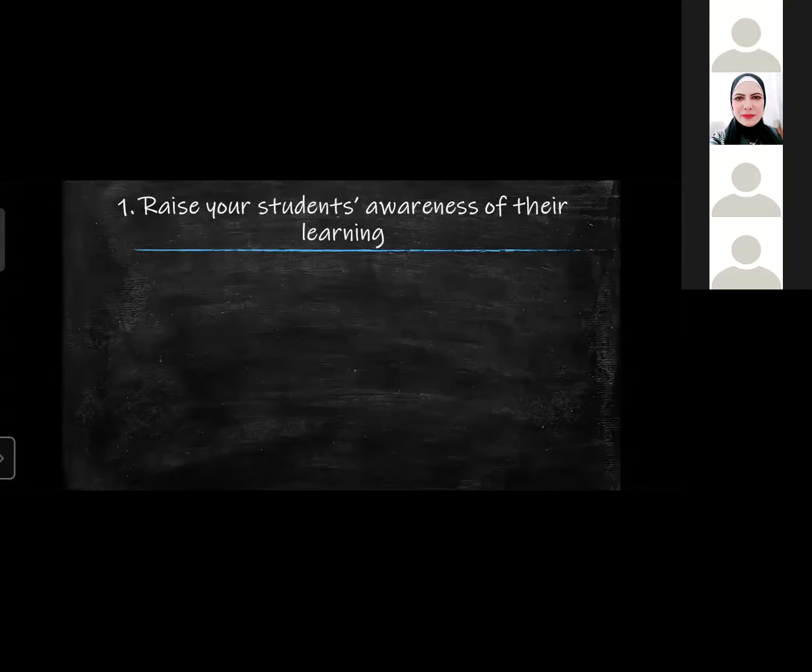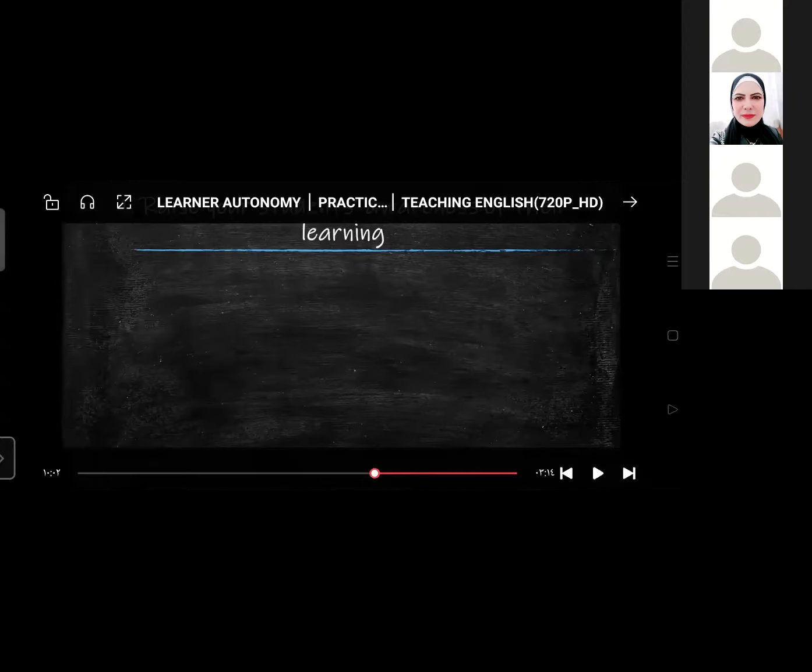So all the time the teacher is doing a very hard task. It's not easy at all. It seems easy because learners are working, but the big challenge is how the teacher can succeed in training the learners to be self-dependent or work more autonomously than depending on the teacher. Okay, so the first important point is to raise your students' awareness of their learning. Okay, let's see what else.